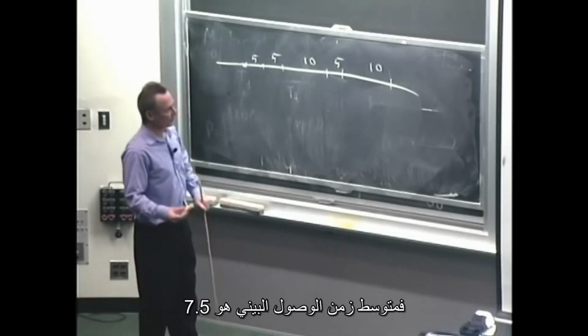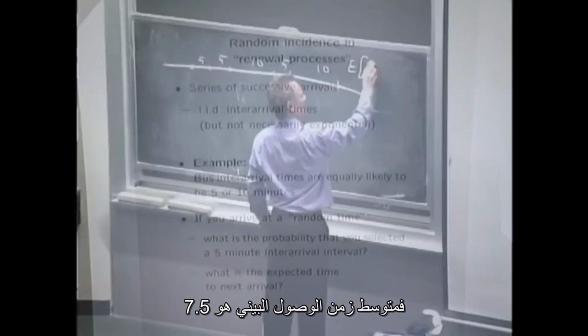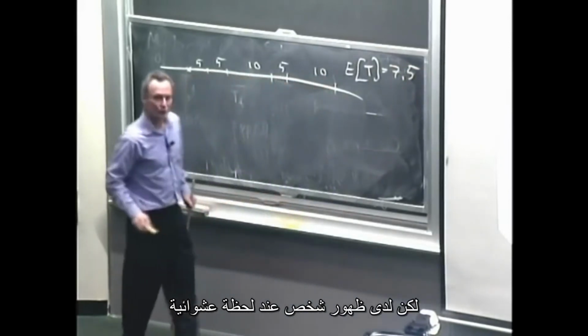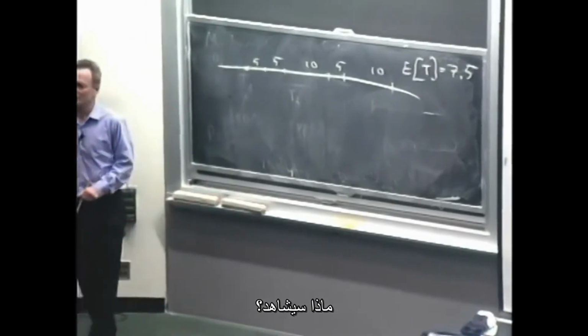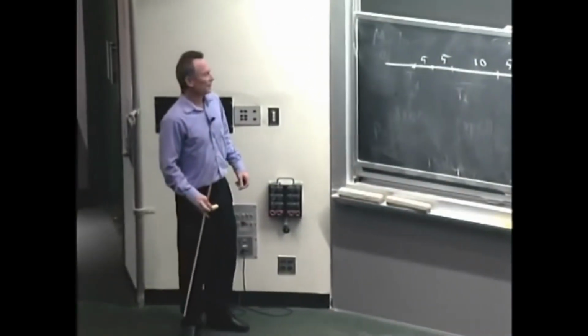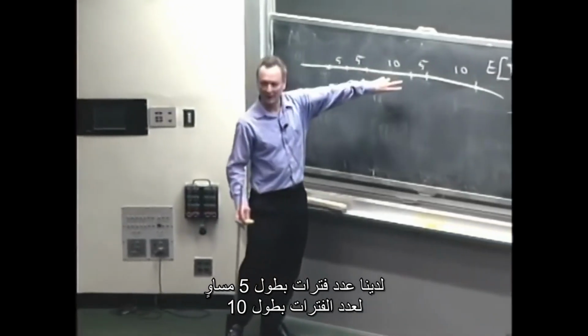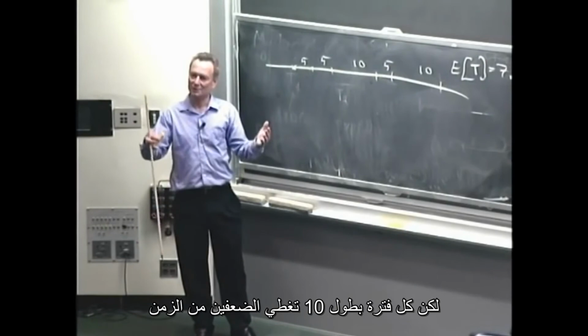So the average inter-arrival time is 7.5. But if a person shows up at a random time, what are they going to see? We have as many 5s as 10s, but every 10 covers twice as much space.